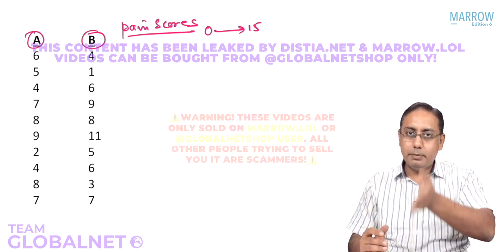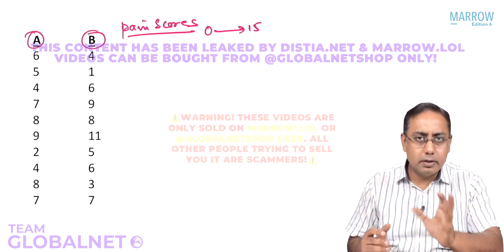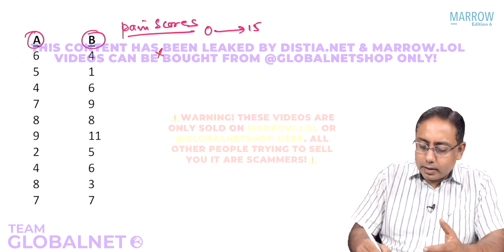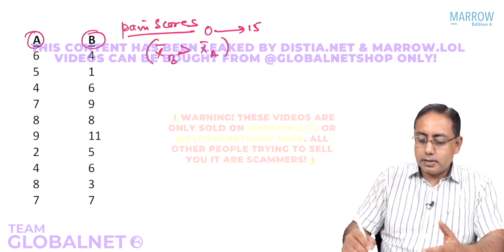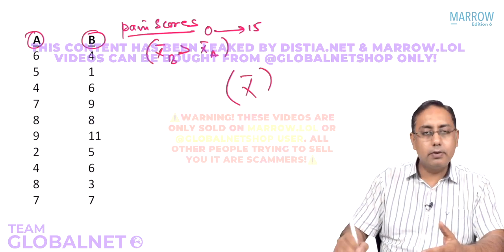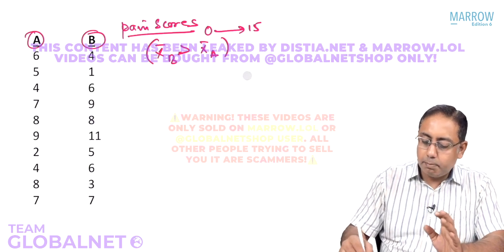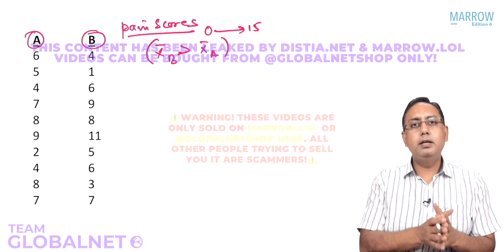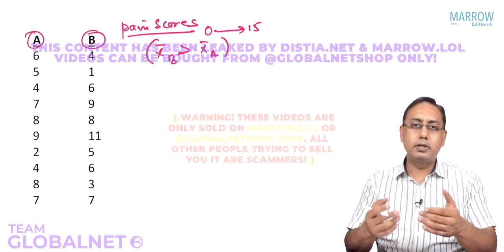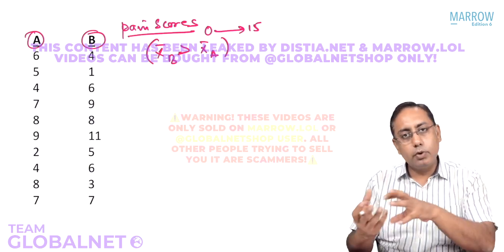You calculate the summation and divide by the sample size, you're going to calculate the mean. Let us say that the mean in B was more than the mean in A. Mean is always given by the symbol X bar, okay? So please remember that X with a bar on top will be the symbol for mean. So let us say mean in B was more than mean in A. So that technically means that the pain was more in group B.